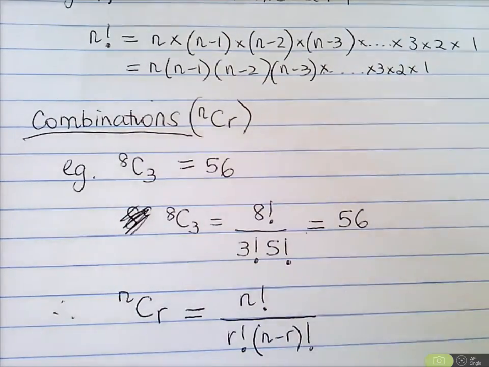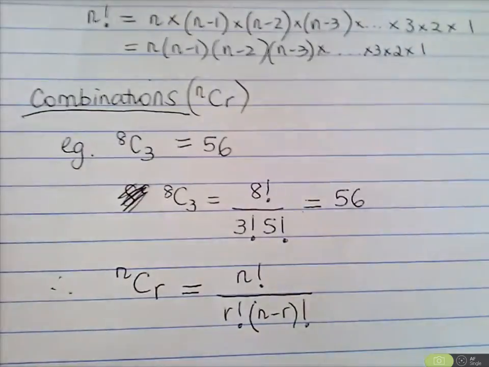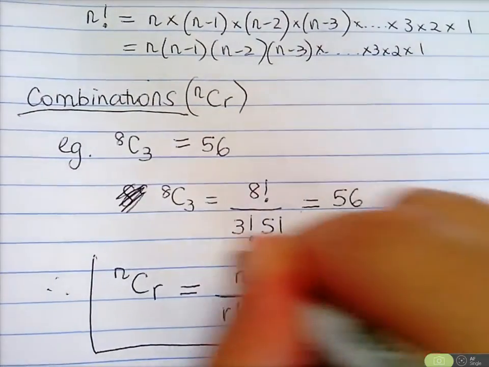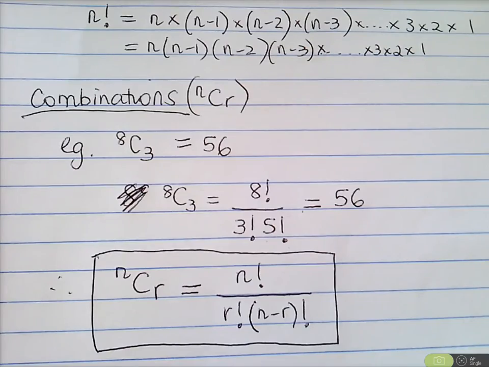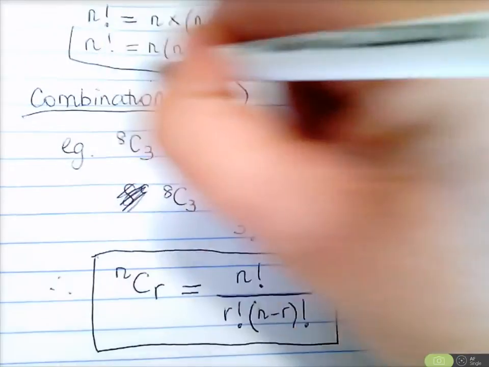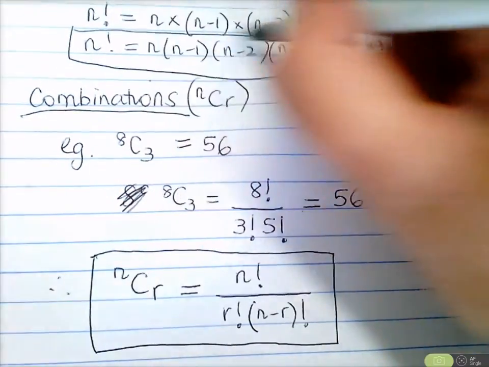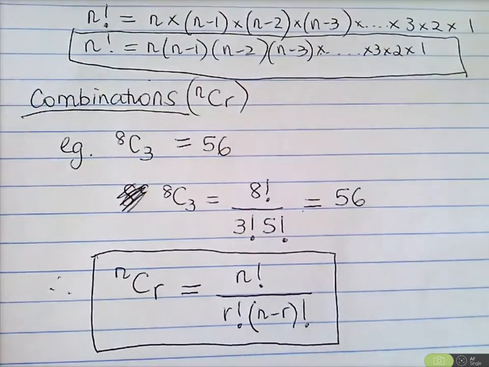So that is the formula for n choose r. So you need to know that formula, and you need to know the formula for n factorial, that it's basically from n down to 1.